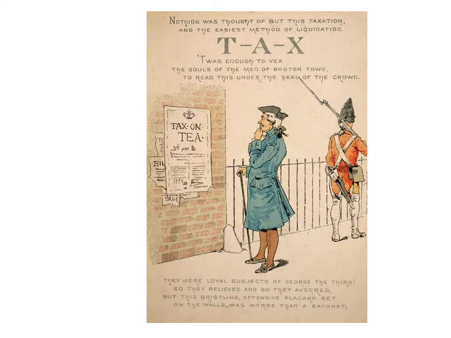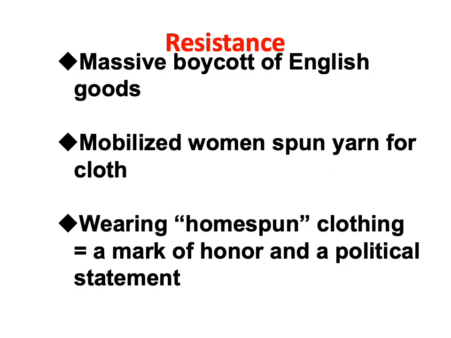Here we have an imaginary sticker or poster showing a colonist reading about the new tax on tea, and in the background we have a British soldier at the port to ensure that the colonists comply with the law. Now we have a massive boycott of English goods.